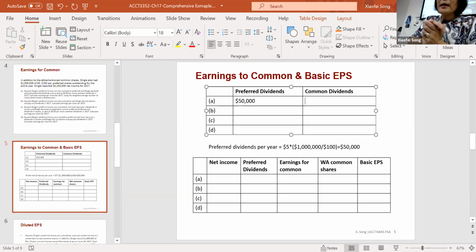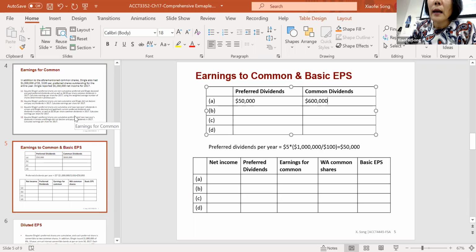So that will be what they have at the end of the year, which is $1,200,000. So that's 50 cents per share. And so it's 1 million, so it was like $600,000. Yeah, so it'll be 600,000 common dividends, right?